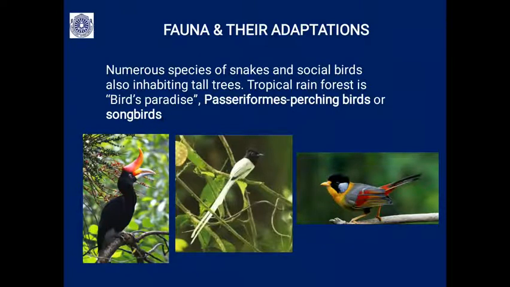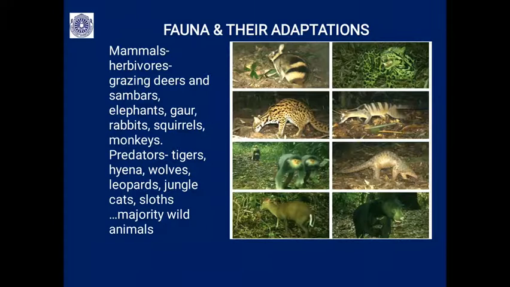You may see in this picture the pied hornbill, then flycatcher, and varieties of passeriform birds. Varieties of snakes also live in the canopy and emergent layers of the forest. Then all types of wild animals, as you know, you will find in the tropical rainforest.